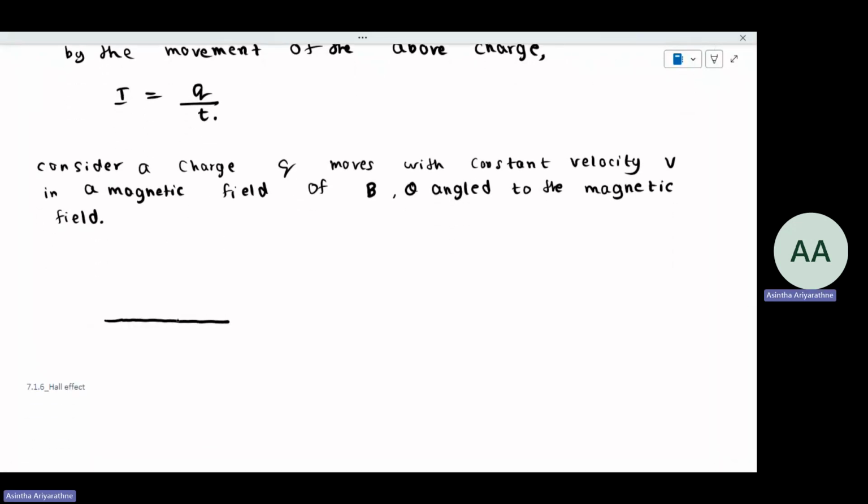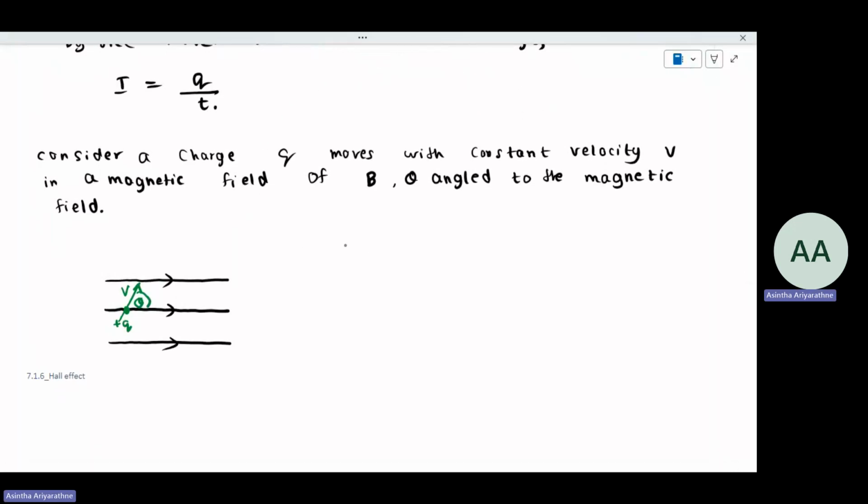Let's say the magnetic field is to the right. Charge Q is moving towards here, at theta angle towards that.